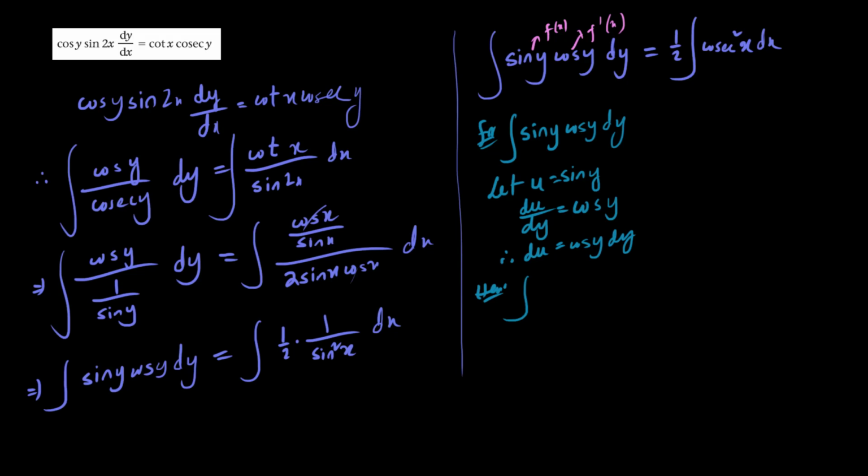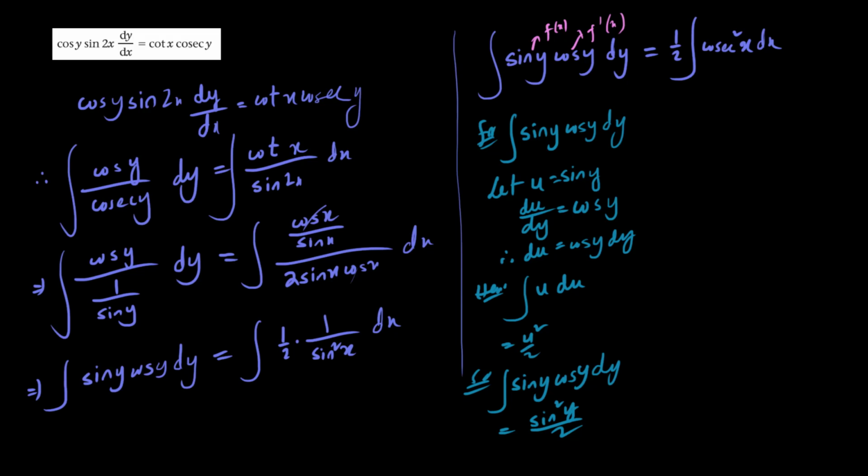Hence if we integrate this, cos y dy is du and sin y is u, so this will be u squared by 2. So the original integration of sin y cos y dy will be u squared by 2, and u is sin y, so this will be sin squared y by 2. So this part is done.